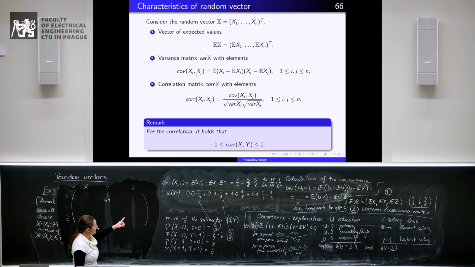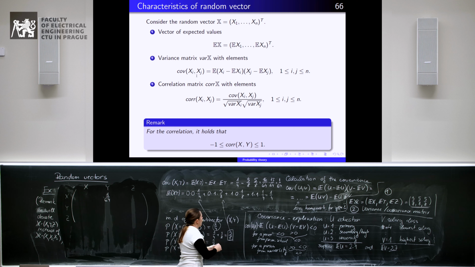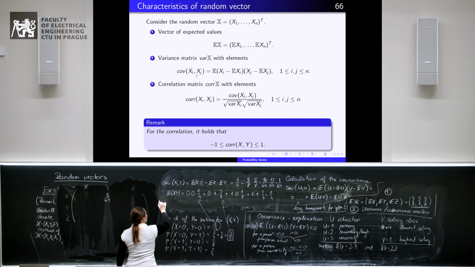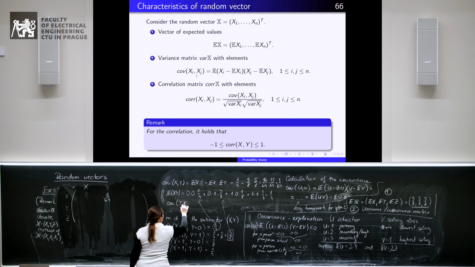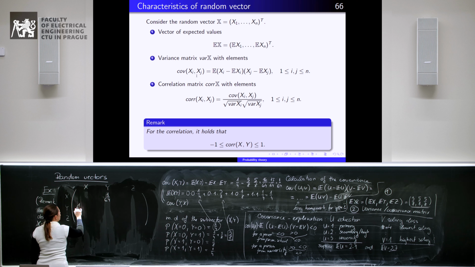Now, we can see that from the definition or from the relationship for calculation of the covariance, there is the symmetry. So the covariance of X and Y must be equal to the covariance of Y and X. So it means that this matrix is symmetric.